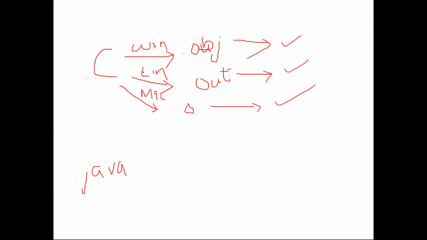Likewise, the Linux output file is only applicable for Linux, not for Windows and Mac. Whatever system we compile on, we can execute only on that platform. If I compile the source code in Windows, I can run it only in Windows. So we're not able to achieve platform independence. It depends on where it is compiled.